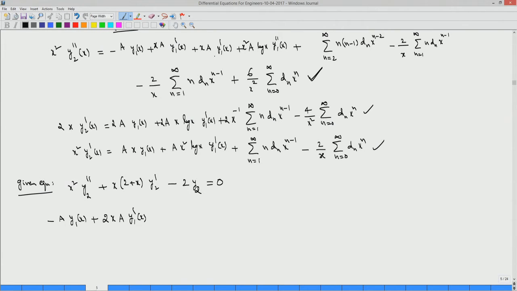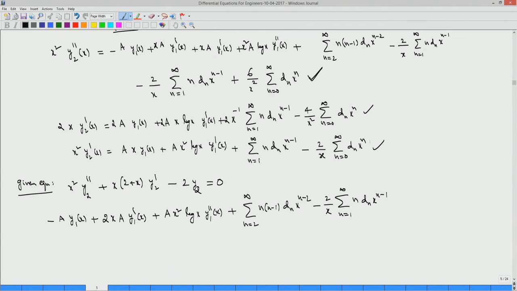So the second and third term together is plus x square a x square log x y1 double dash of x plus, and this is as it is, you have n is from 0 to infinity n into n minus 1 dn x power n minus 2 by x, n is from 1 to infinity n dn x power n minus 1. So this is my x square y2 double dash.